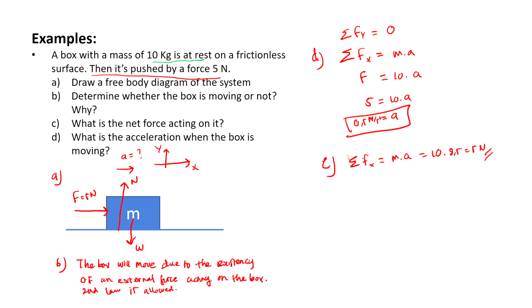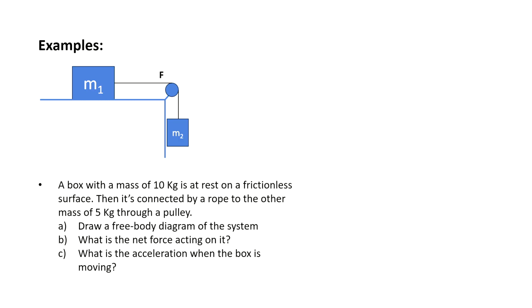Actually, sigma Fx is already given in this equation, because sigma Fx is only equal to F, so sigma Fx is also equal to 5. Okay, like that. Next for the number 3.